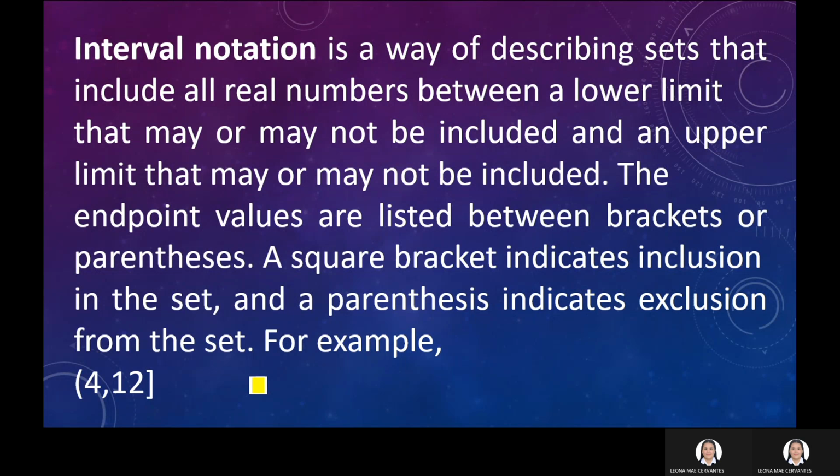So the endpoint values are listed between brackets or parentheses. A square bracket indicates inclusion in the set, and a parenthesis indicates exclusion from the set. So for example, we have parenthesis 4, then 12 square bracket.